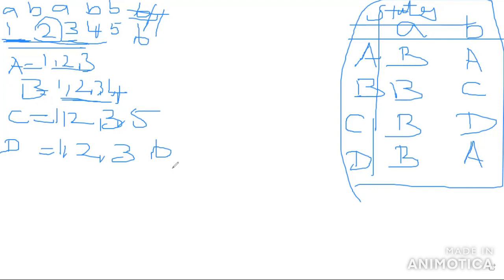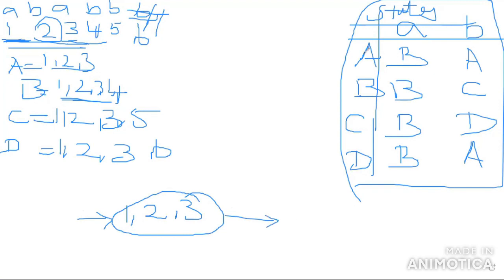It's clear? Okay. Now we can draw the transition diagrams. How to draw? The first state is A. So here A is marked as {1, 2, 3}. {1, 2, 3} can move on input symbol A to capital B. So capital B is {1, 2, 3, 4}.